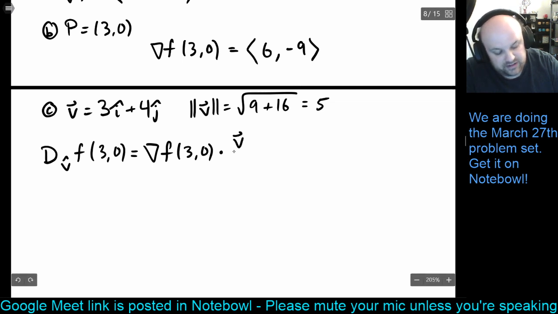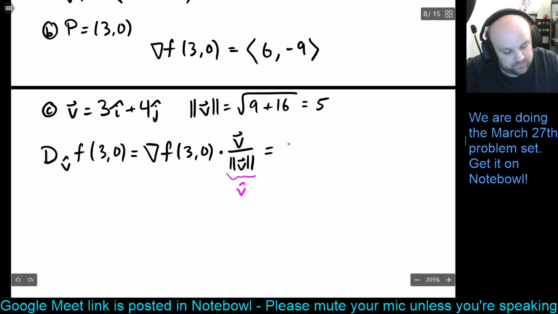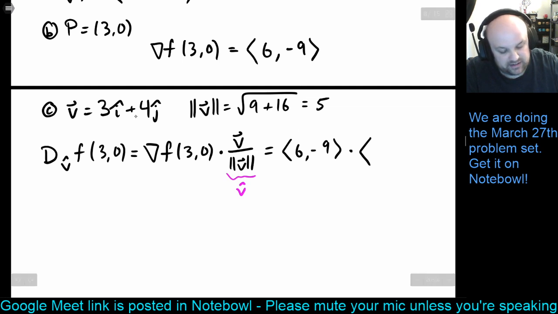So that's v divided by the magnitude of v. Because remember, this thing here, this is what I was calling v hat, the unit vector in that direction. Right? So write this stuff down. So we're taking our vector v and we're dividing it by 5. It's 3/5 and 4/5.